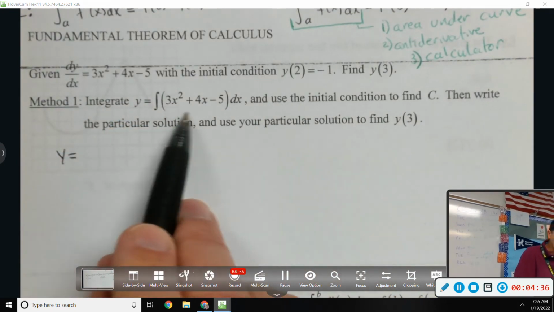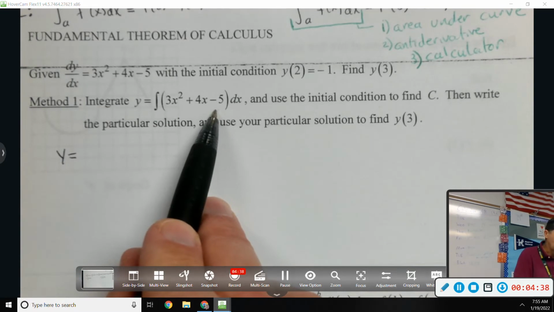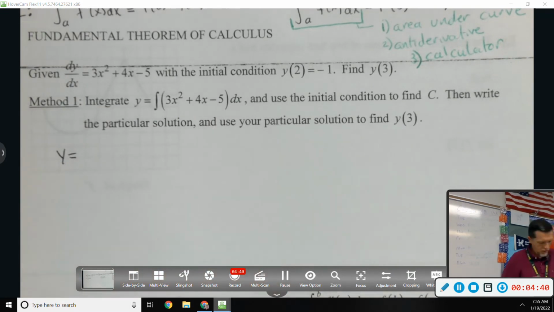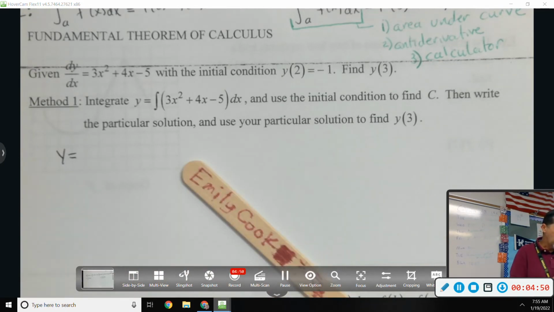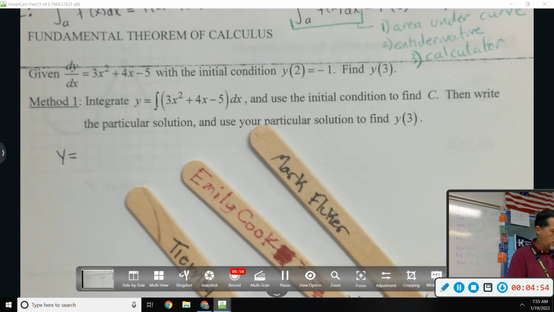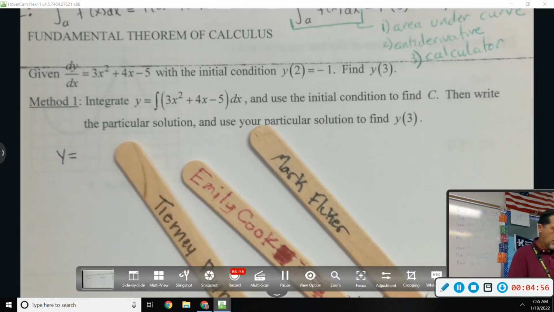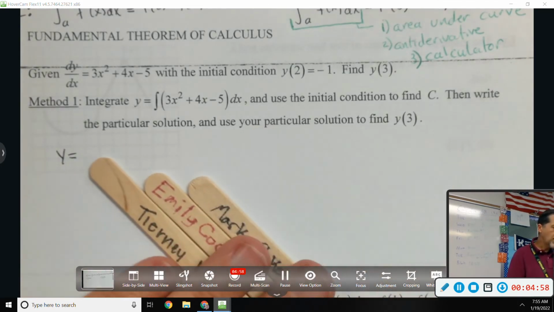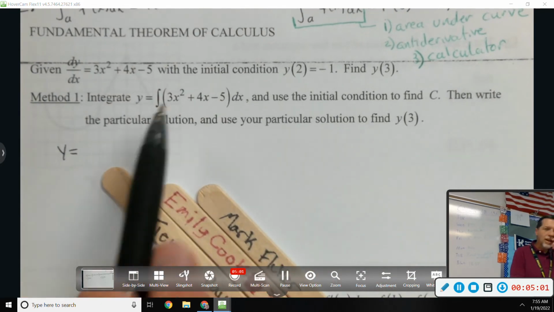So let's integrate all of those pieces. In fact, I said quickly and then I decided I'll call on people, which isn't exactly quickly, but that's okay. There's 3 pieces there, so I need 3 volunteers. Tierney, Emily, Mark, in that order. Tierney, what's the antiderivative of 3x squared?